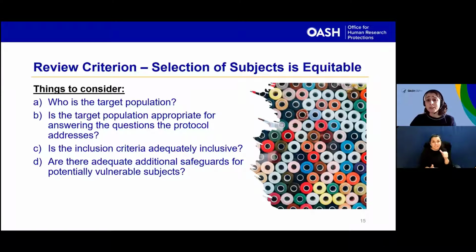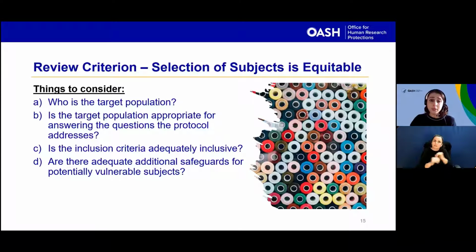And you may be selecting your target population based on convenience or another reason that is not in keeping with an equitable selection of subjects. Of course, on the flip side, if your research proposes to only recruit teens from a Title I school located 2 blocks from your university, this too may not be in keeping with an equitable selection of subjects.